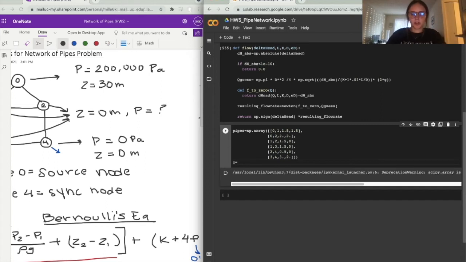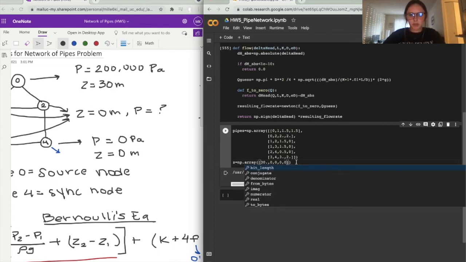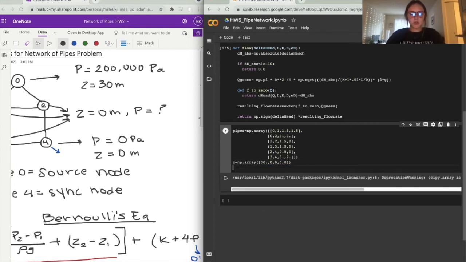And we're gonna have that as np.array, should be in brackets, and it should be 30, and then 0, 0, 0, 0. Yeah, that should be right. And I'm gonna put a decimal point so it's not an integer. And we can also put our external pressures. I'm gonna name that external P, actually.